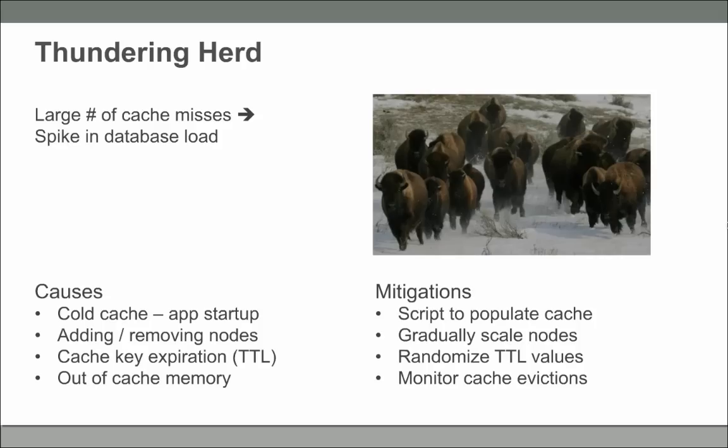Now, the solutions here are fairly simple, though you need to understand how you set those up. If we're talking about a cold cache, what you can do is make a script to populate your cache.